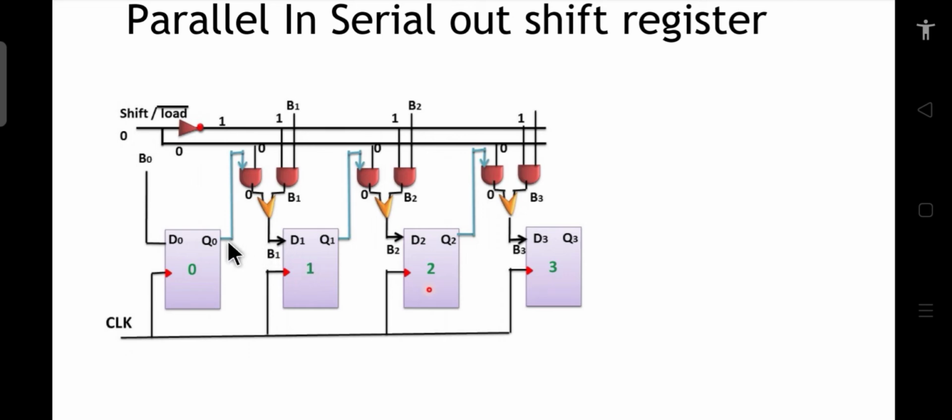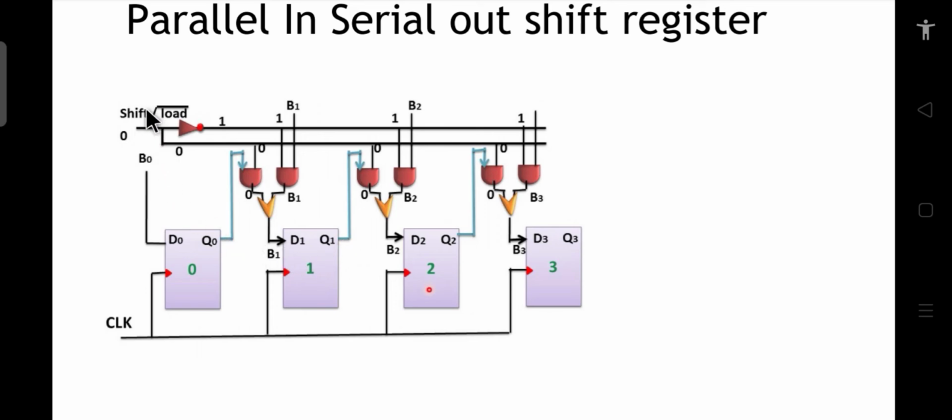Because this output will be transferred to the D1 via this AND gate and this OR gate when this input is 1. So when this is 1, this will be 0, whereas all these inputs will be 1, and as they are connected with these AND gates, these AND gates will become active, and so the Q0 will come to D1.